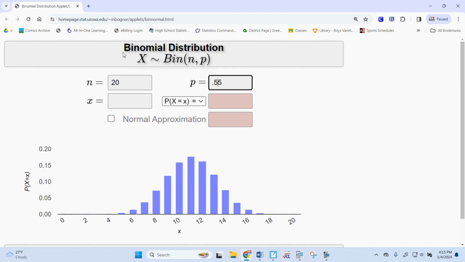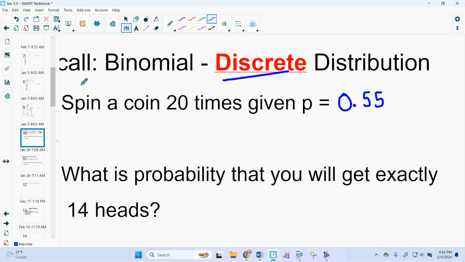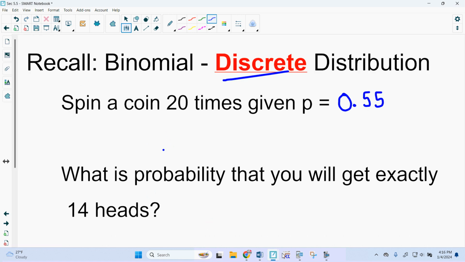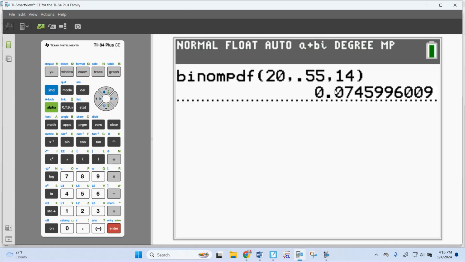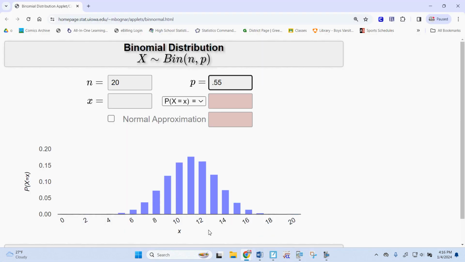And here is our distribution of all the things you could expect to happen. If we go back to our 20, for 14 heads, we got 0.07. So if I look at 14, there is our 0.07. Or you get 13, or all of these.